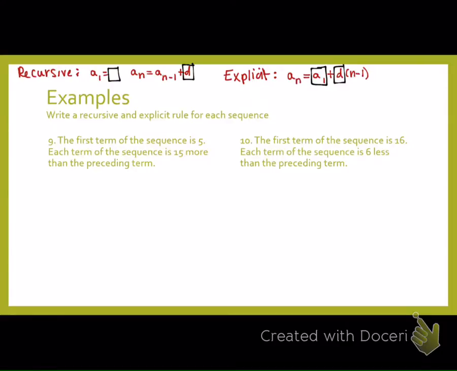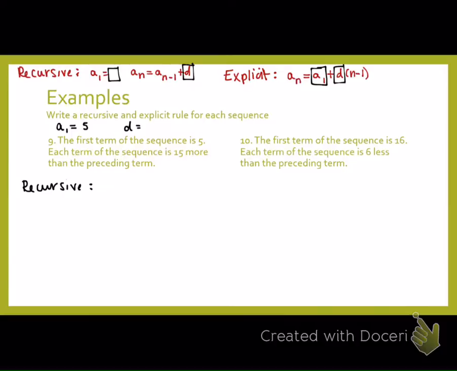All right. Morgan, I'm going to read this problem to you. Actually, I'm going to ask other people. You're going to write the recursive when we get to it, though. So the first term of the sequence is 5, and each term of the sequence is 15 more than the preceding. So, Iris, what is my first term? What is A sub 1? And what happens with my common difference?